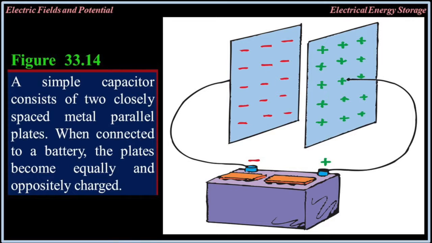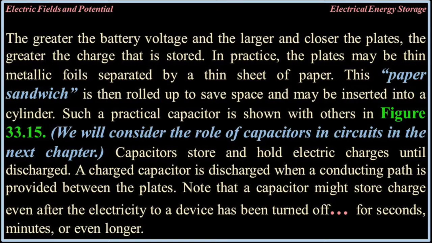Figure 33.14: A simple capacitor consists of two closely spaced metal parallel plates. When connected to a battery, the plates become equally and oppositely charged. The greater the battery voltage and the larger and closer the plates, the greater the charge that is stored.